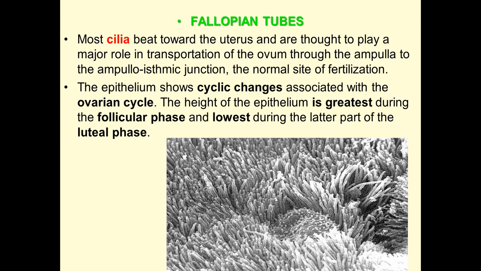And this mechanism has a third component. The constant contractions of the tunica muscularis of the uterine tube, the waves of contraction, are also directed to the uterus. So these three mechanisms help the fertilized ovum to reach the uterus.